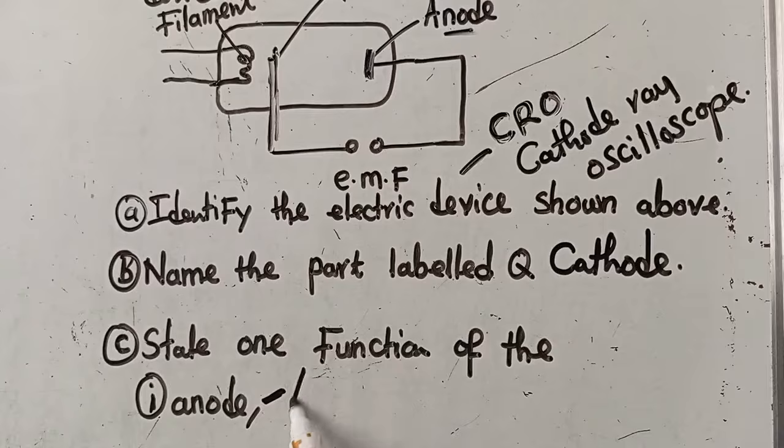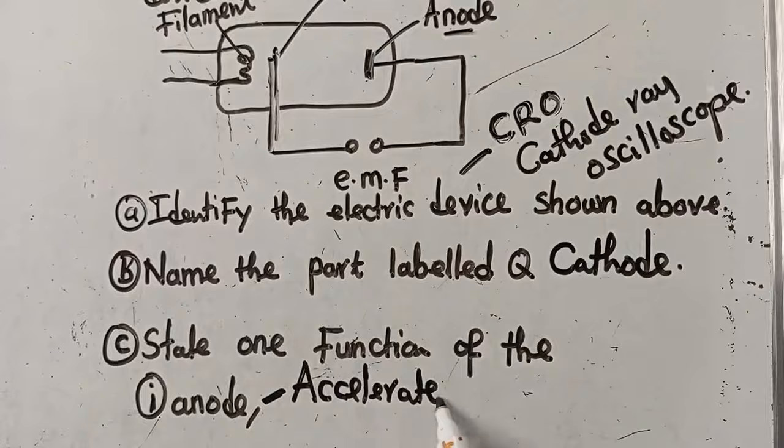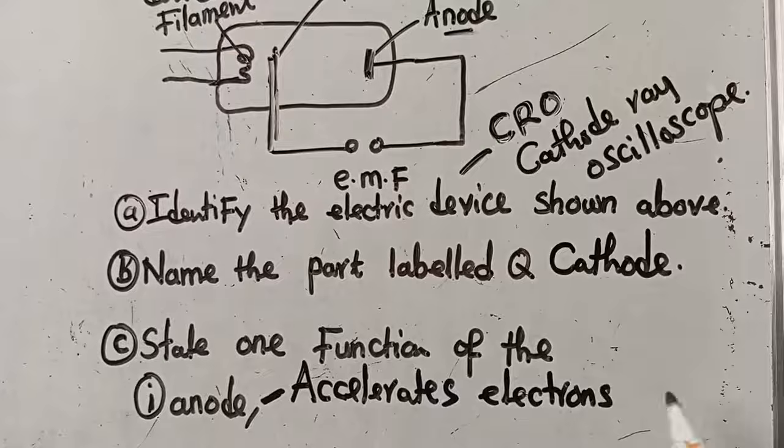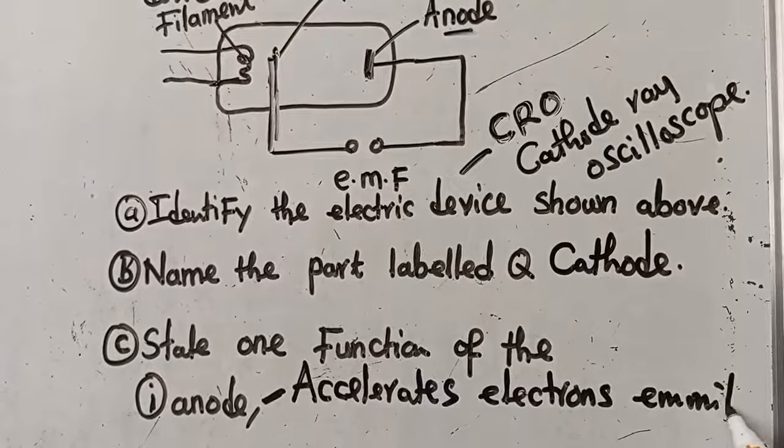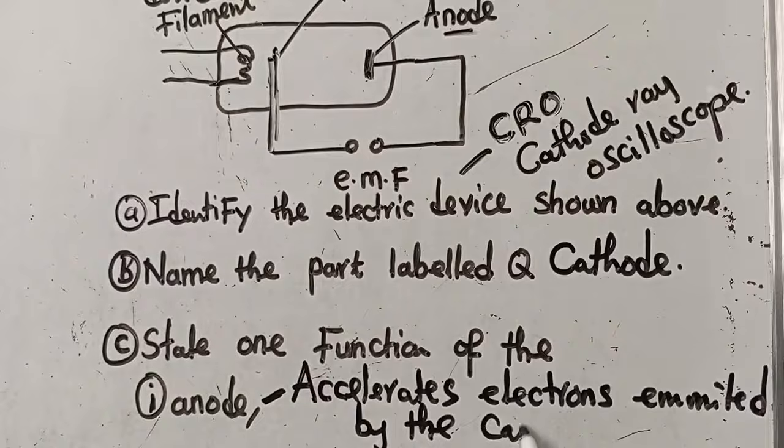The anode just accelerates electrons emitted by the cathode. So this is to tell you that the cathode is going to emit electrons, and the anode is just accelerating those electrons that are being emitted by the cathode.